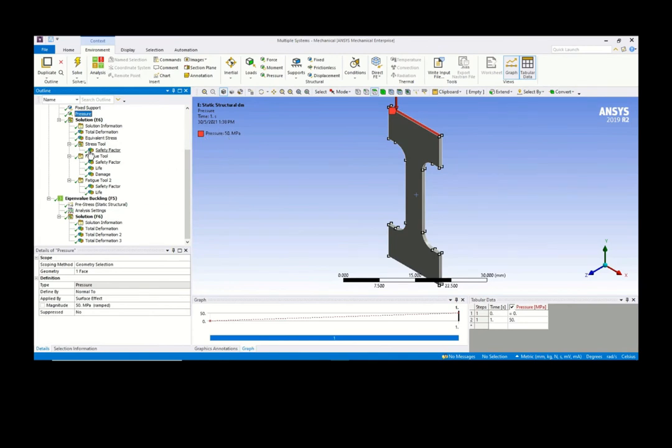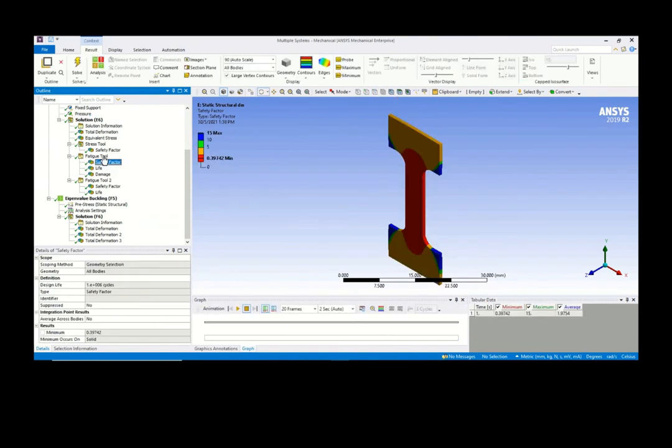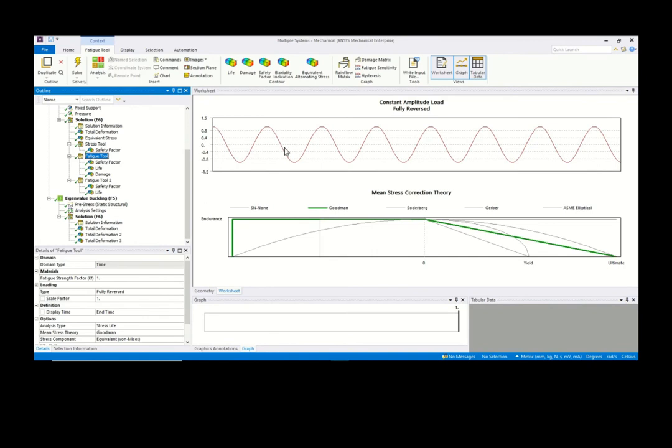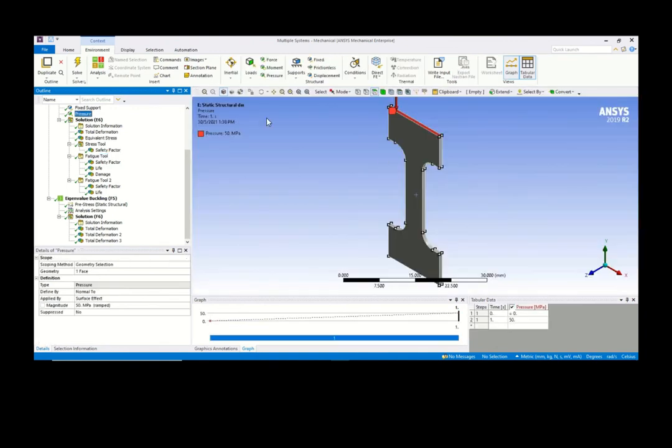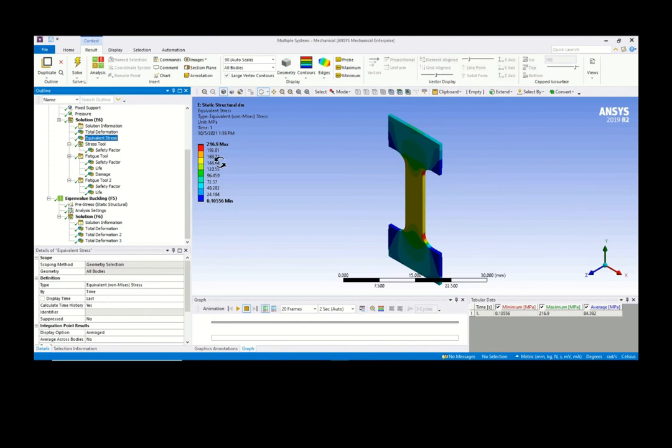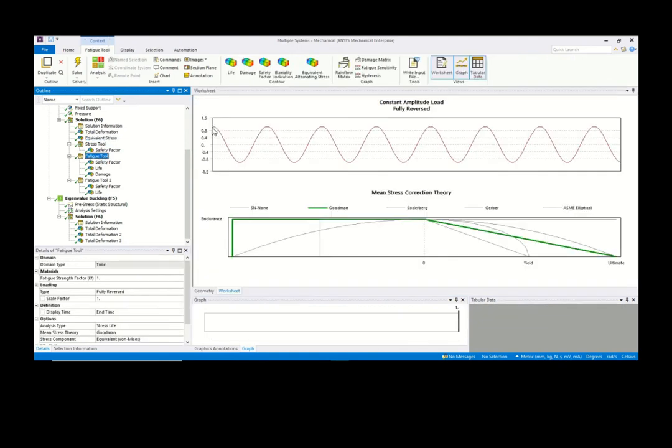Then under fatigue analysis, we assume this 50 megapascal becomes a completely reversed load. That gives you a completely reversed stress: 216.9, negative 216.9, 216.9, negative 216.9.